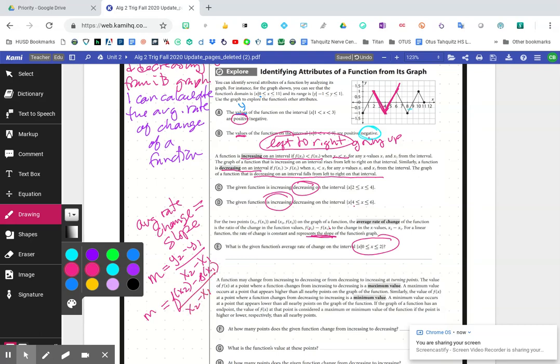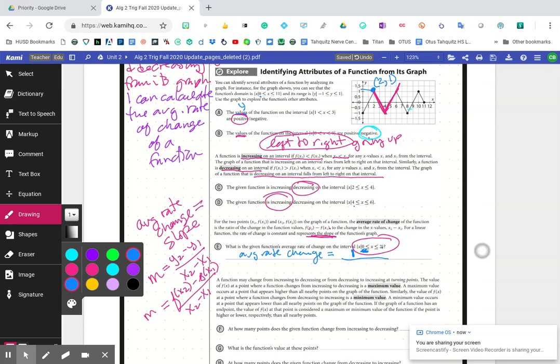So let's actually figure that out for this particular graph. I'm going to label it as average rate of change rather than slope because that's what they started us with. Okay, so I want my y values over my x values. I'm looking at my endpoint 2, first of all. It's x equals 2, and it's up at 1. So I've got 1 for my y value there.